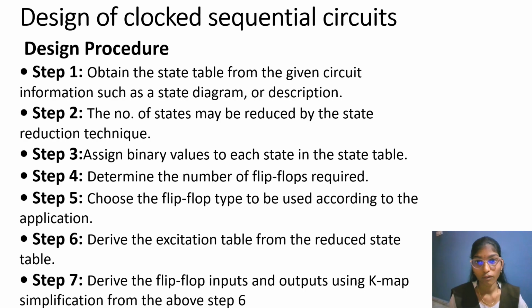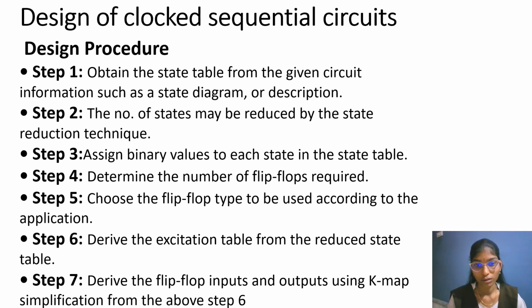Now, the design of clocked sequential circuits. We have to follow this procedure to design the sequential circuit. Step 1. Obtain the state table from the given circuit information, such as a state diagram or description. Step 2. The number of states may be reduced by the state reduction technique. Step 3.